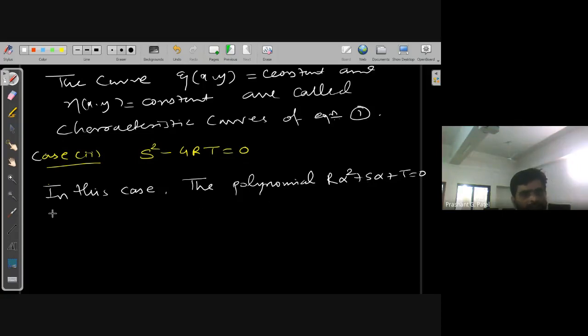The polynomial has two equal real roots.